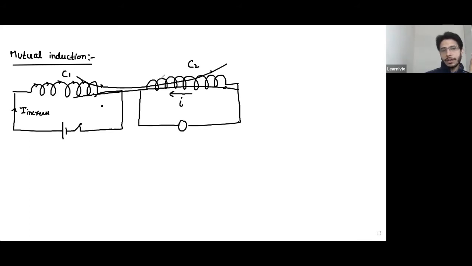Due to that magnetic field, some magnetic flux will link with coil C2. And if this current is increasing, then the magnetic field due to C1 will increase, flux through C2 will increase, and due to that increase in flux, a current will be induced in C2.